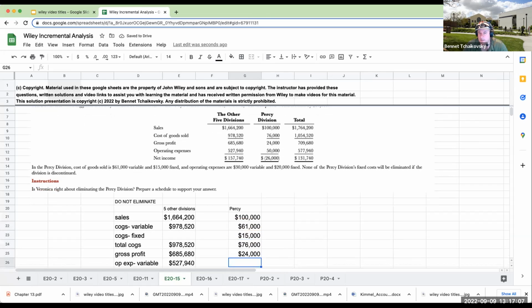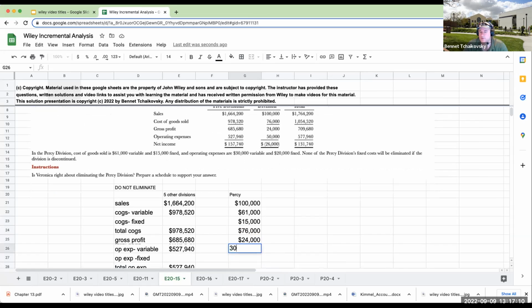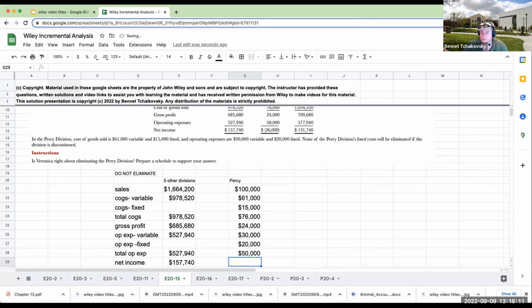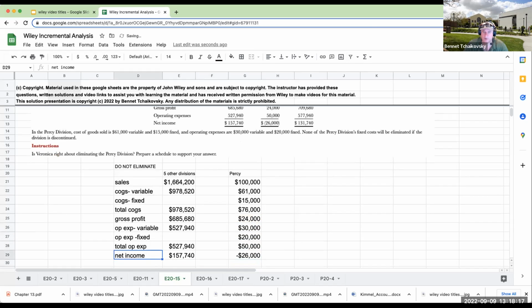For my operating expenses, 30,000 variable and 20,000 fixed, so my total operating expenses are 50. My net loss is my gross profit minus the 50, and it's going to be 26,000.